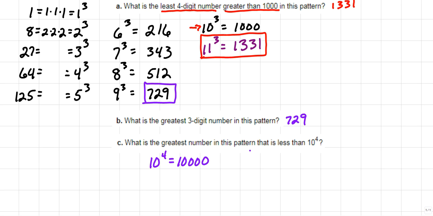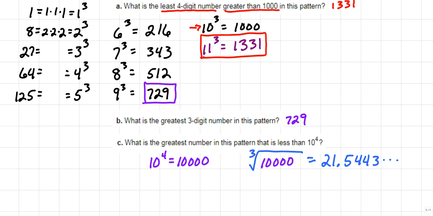So if we take 10,000 and find the cube root, that will give us 21.5443, and it continues. This is not going to be a rational number.